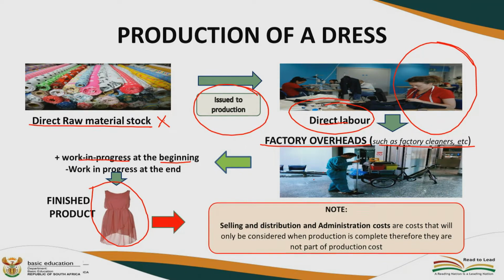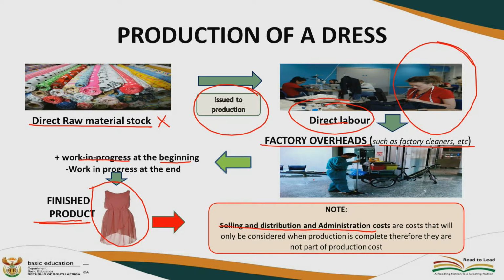All right? Then when we have a finished product, what do we do with it? It is obvious now. We need to sell it. So selling and distribution, as well as administration costs, can only be incurred when we have the finished product. Let me repeat that point again.